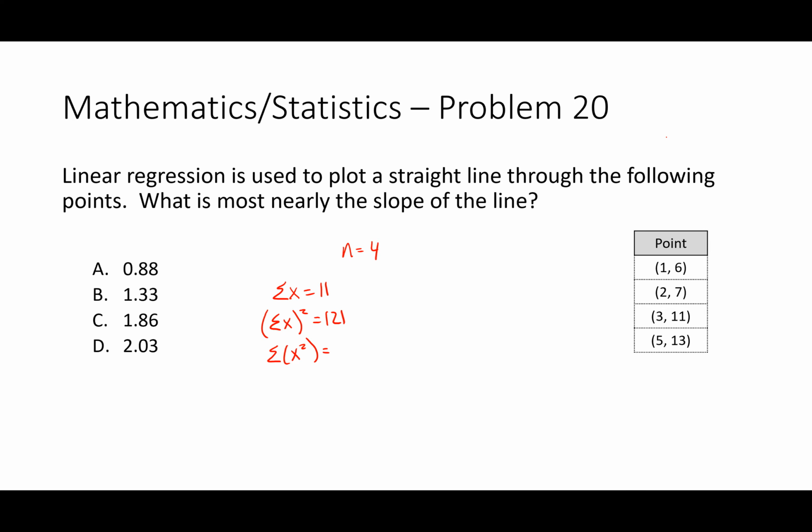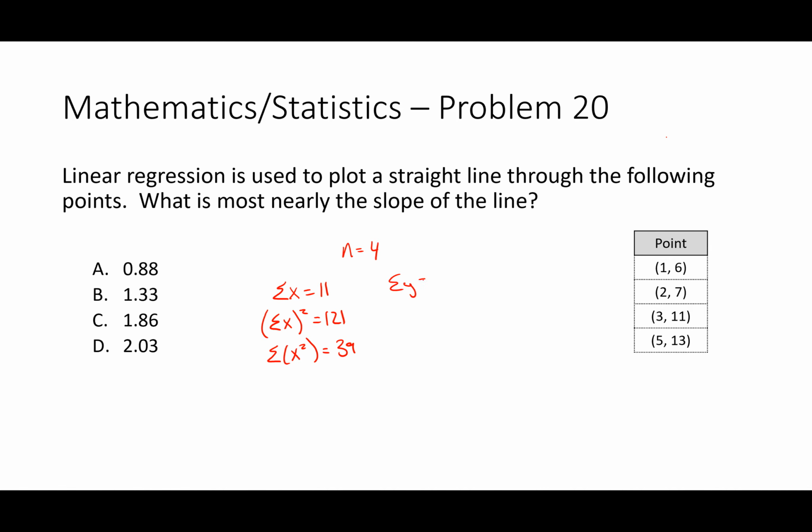The difference between these two is the sum of x, the quantity squared, is just squaring the 11. This is 1 squared plus 2 squared plus 3 squared plus 5 squared. And that's not the same thing as just taking 11 and squaring it. When you do that, you get 39. We're also going to need the same thing with the y's.